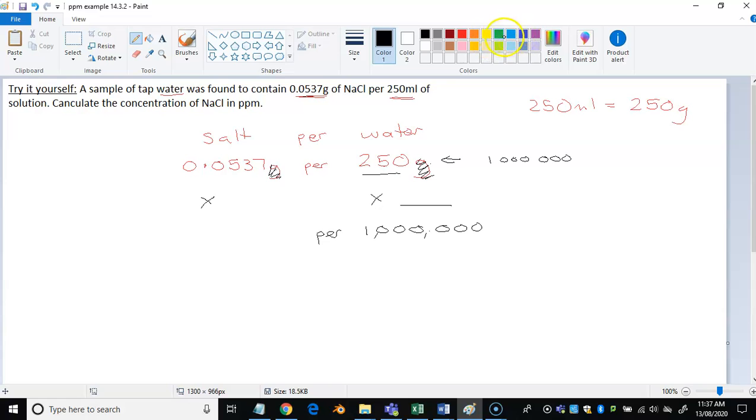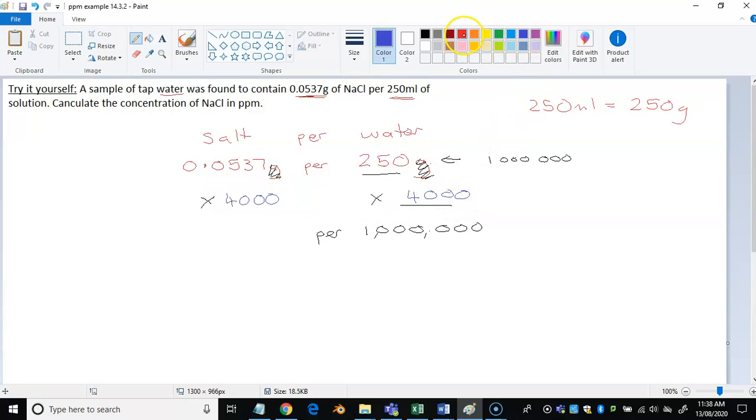We could use a calculator or just use your head here. If I times it by 4, I've got 1,000. And if I times 1,000 by 1,000, I get a million. So we can use 4,000 as the multiplier here and 4,000 over here.